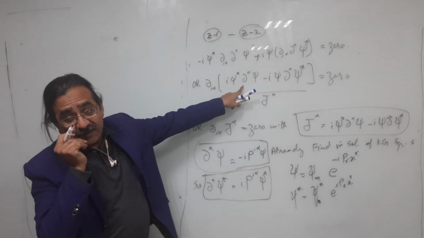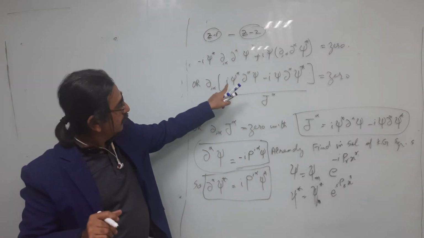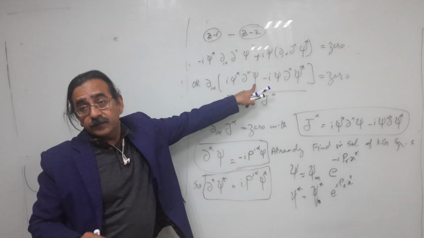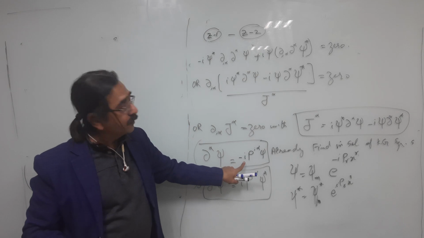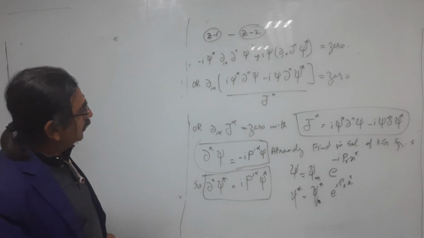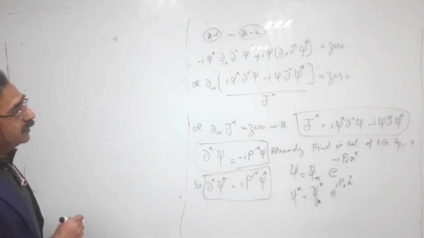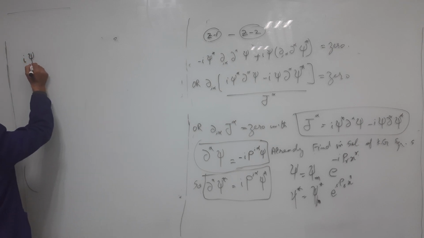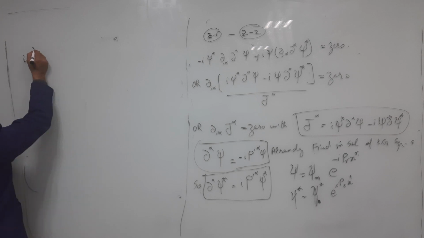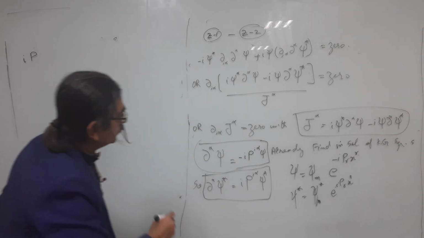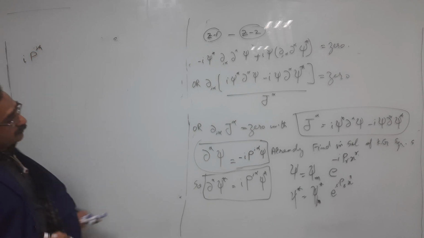Putting this result in this, when we multiply iota with iota, iota square equal to minus 1, so this will be plus. So you have iota psi star, sorry, iota p alpha.